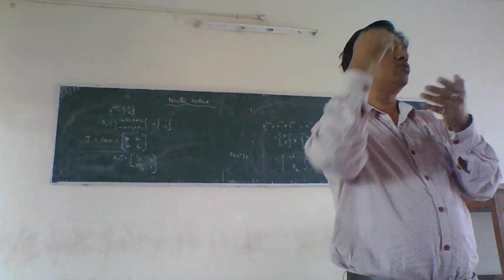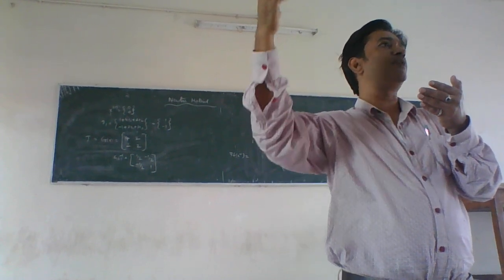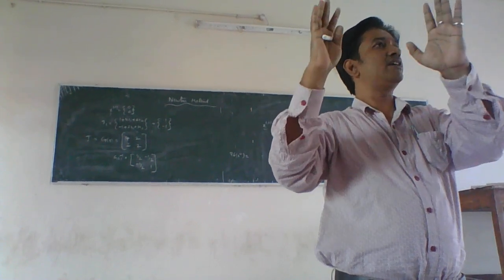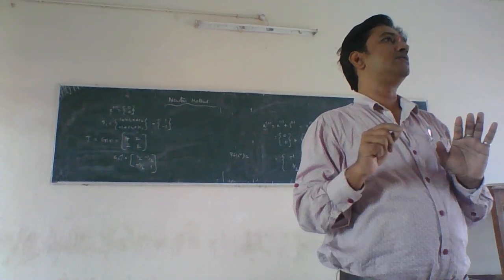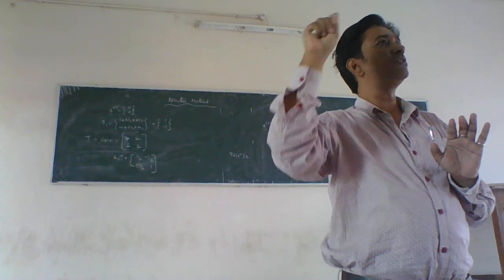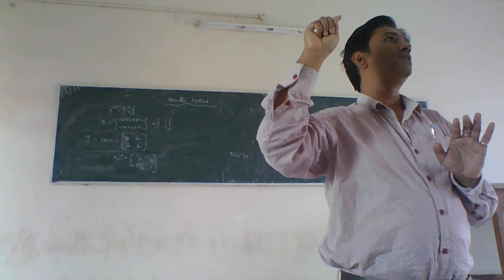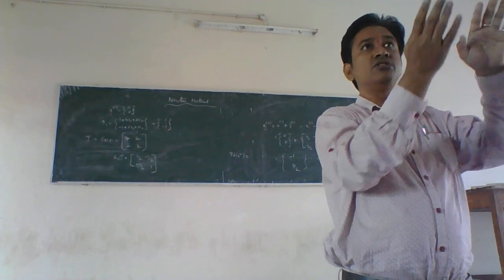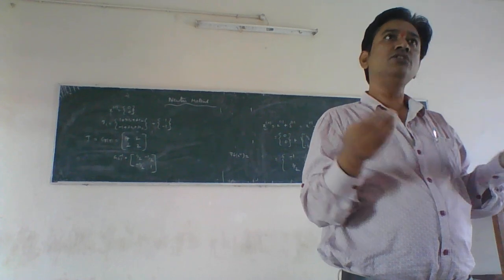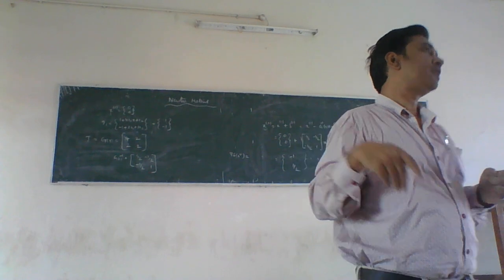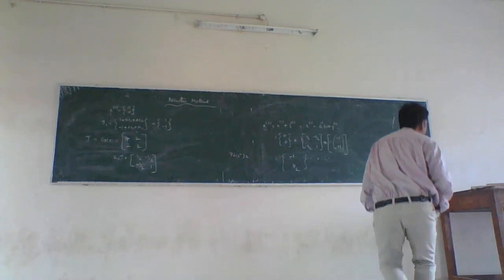The Hessian matrix: dou square f by dou x1 square, dou square f by dou x1 x2, dou square f by dou x2 x1, dou square f by dou x2 square. Calculate that inverse, multiply with small g, which is nothing but minus del f, add to x1, and you will get x2. Find del f of x2. If it is 0, stop there. If not, go to the next iteration. Okay? Just check with another problem.